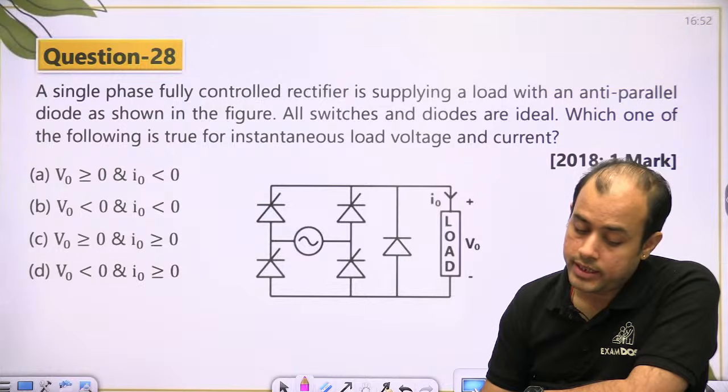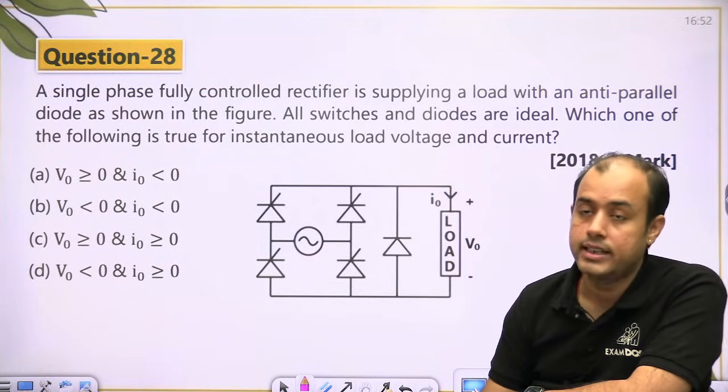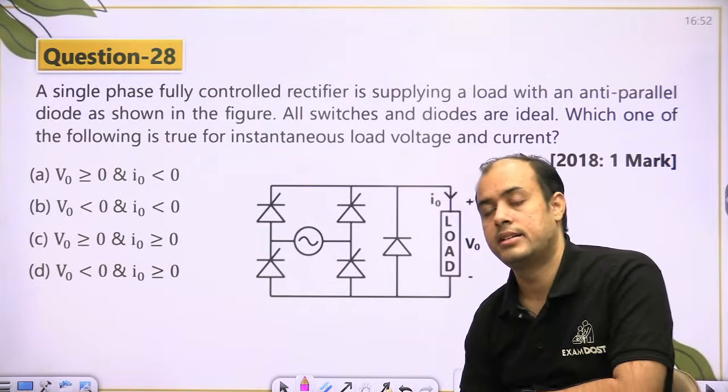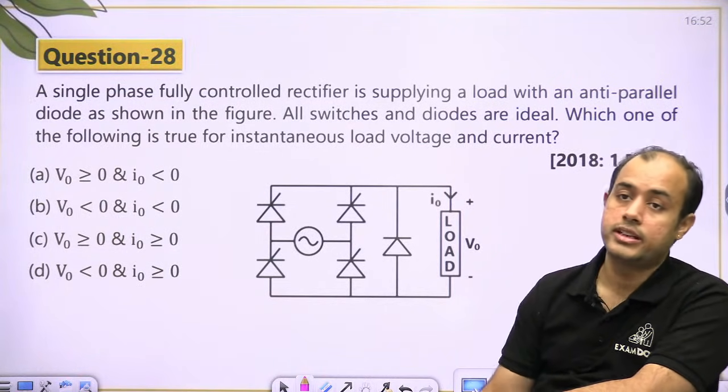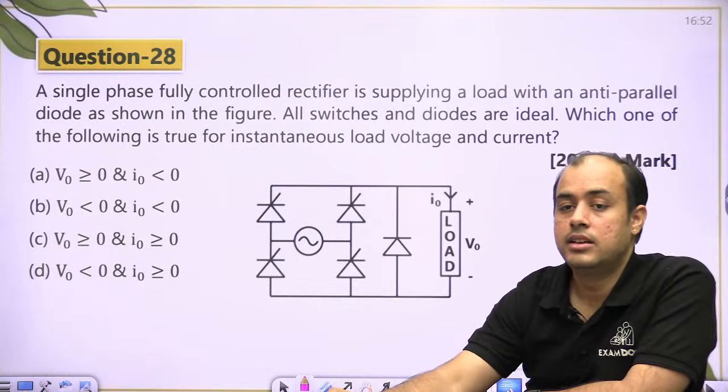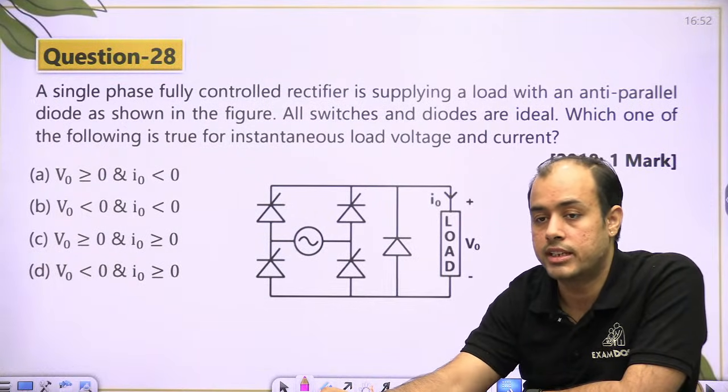A single phase fully controlled rectifier is supplying a load with anti-parallel diode. Which of the following is true for instantaneous load voltage and current? इनमें से क्या पोलैरिटी होगी V0 और I0 की इस कन्वर्टर के लिए? बहुत ही इजी है, बेसिक क्वेश्चन है.